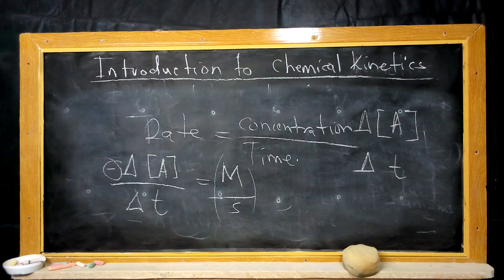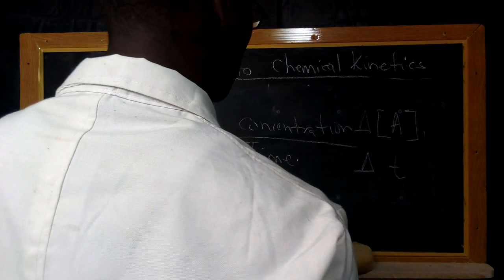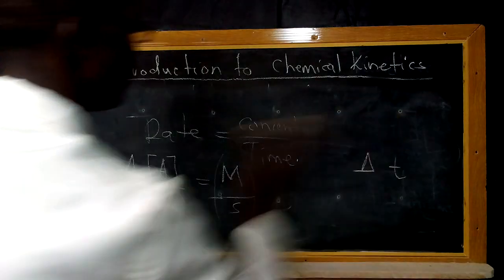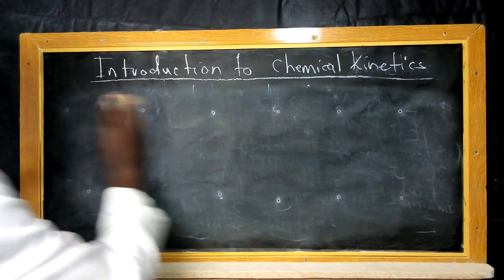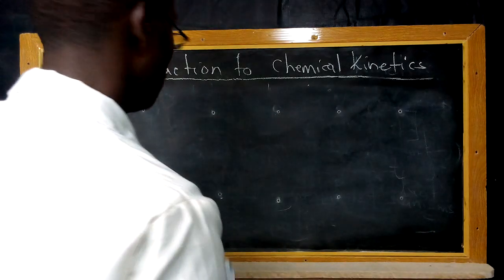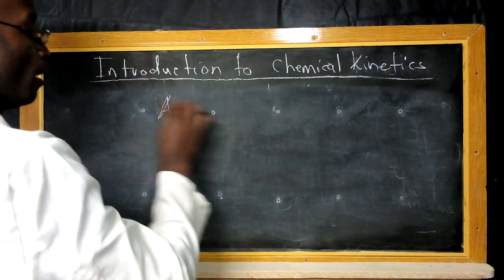So as I have said, if we have a reactant A that is forming a product B, we can demonstrate the rate at which the reactants are being consumed and the product is being formed. Now let's look at this particular example.